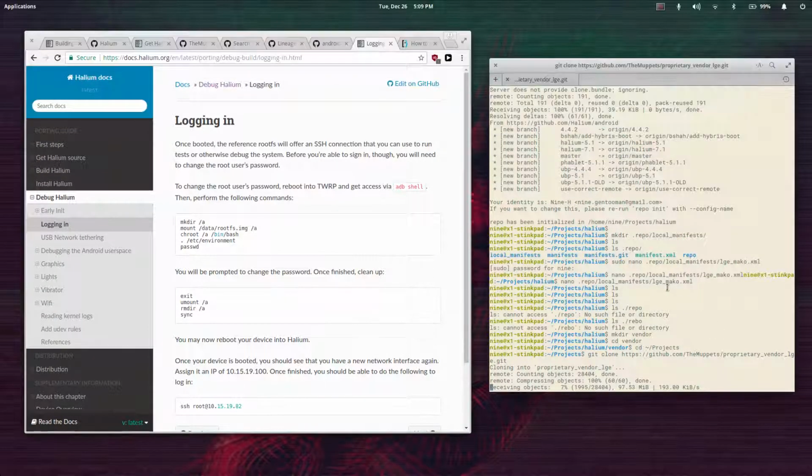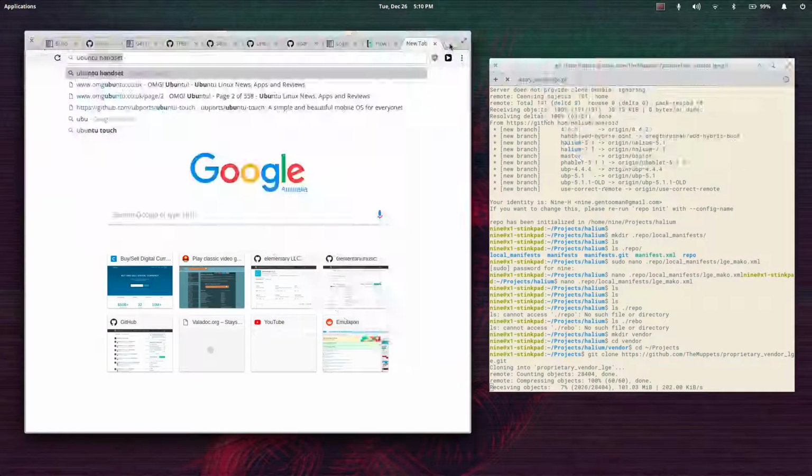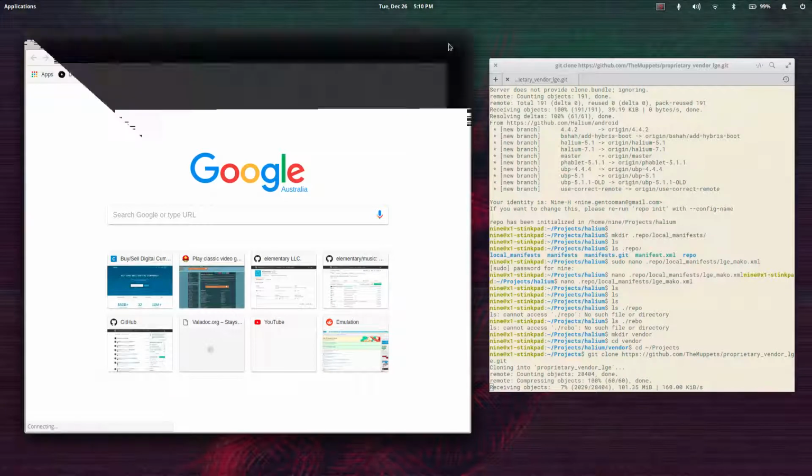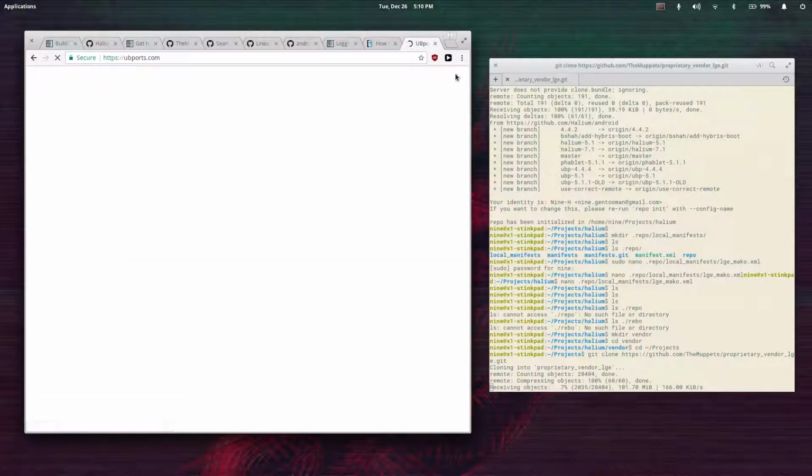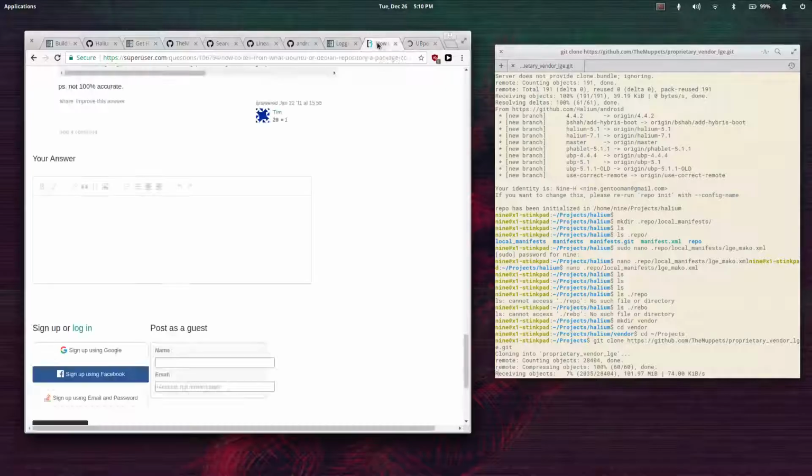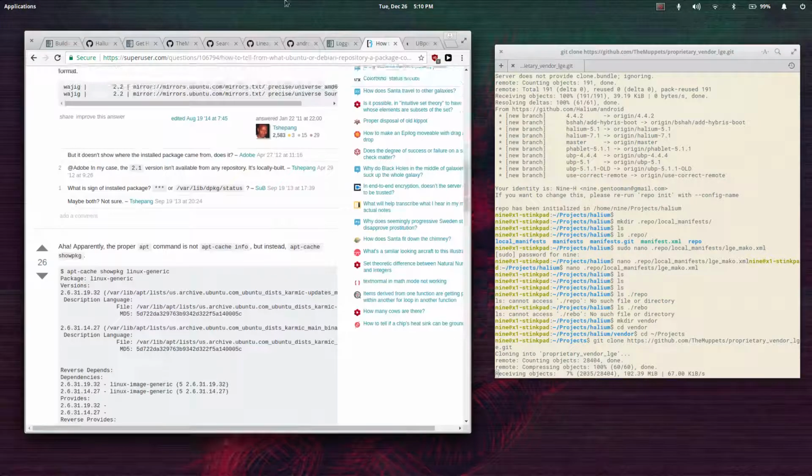Fucking hell, 7%. I'm thinking I should have downloaded this first. Maybe I'll chop this bit out. Stuff it. I'll show off some of the other cool stuff. Alright, UB ports. What's that?